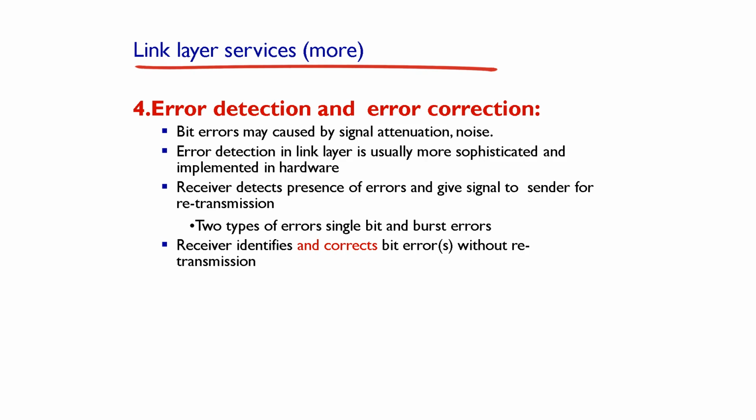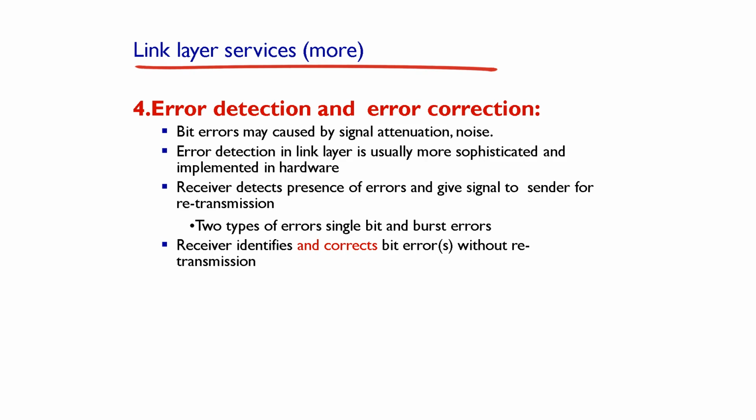Error detection in the link layer is more sophisticated and implemented in the hardware. We studied the error detection and correction techniques in the transport layer. There we use the checksum, and it is in the upper layer. The same activity is repeated in the lower layer also. Two types of errors are there. One is single bit error, another is burst errors.